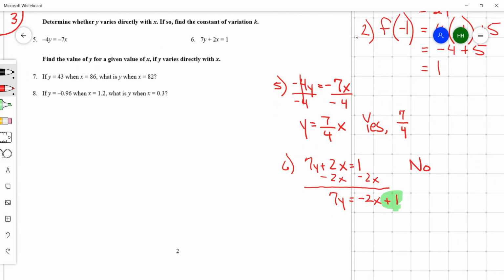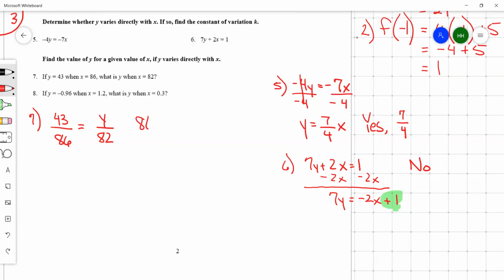All right, and then number 7, I'll do right here. If y equals 43 when x equals 86, we put 43 over 86. Y over x equals, what is y when x equals 82? Well, if we did y over x, we got to do y over x. And then we're going to crisscross multiply. We're solving a proportion.